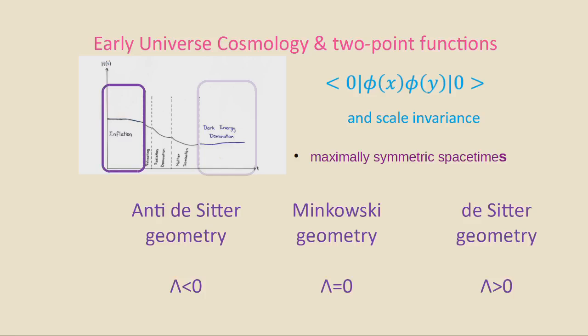And Minkowski is where we have our best understanding of quantum field theory, and you can say anti-de Sitter is where we have our best understanding of holography. But if we try to address these frameworks for de Sitter, we will not only be learning about de Sitter, we will also be learning about how far our framework, our tools go.